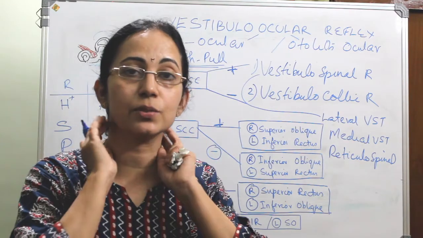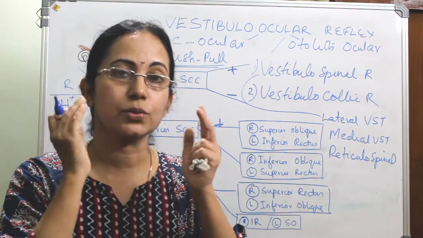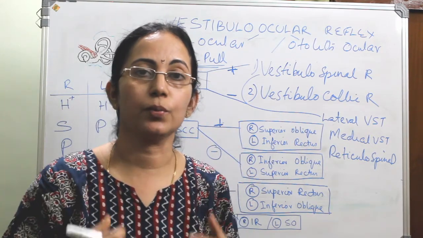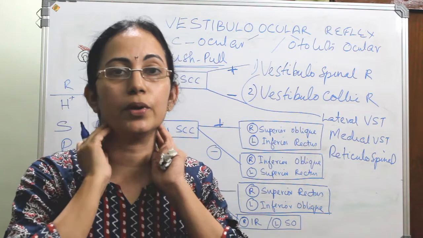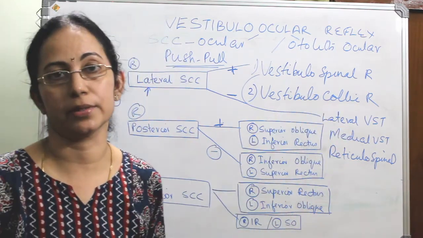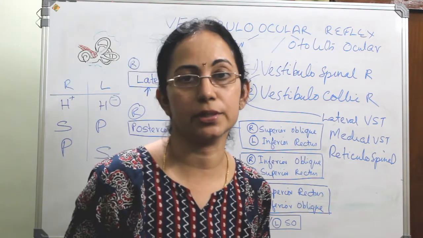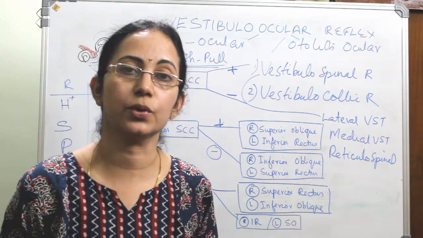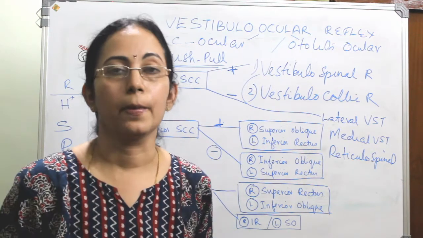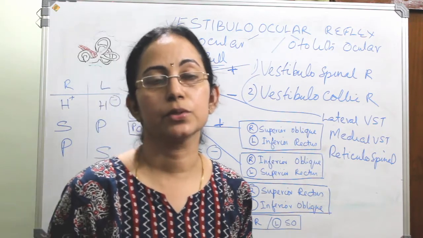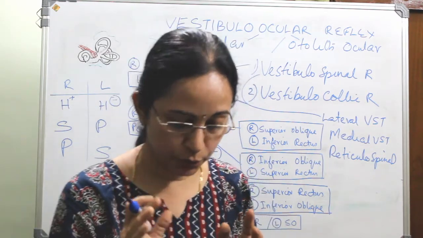It is actually a vestibular neck reflex. So the motion in relation to body posture and the movement of the head and neck is controlled by the vestibulocollic reflex. Okay, because of all these three, that is the vestibulo-ocular, vestibulospinal and vestibulocollic reflex, the body posture is maintained during motion.